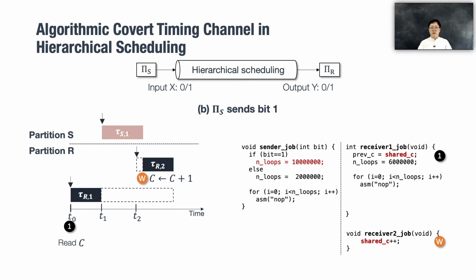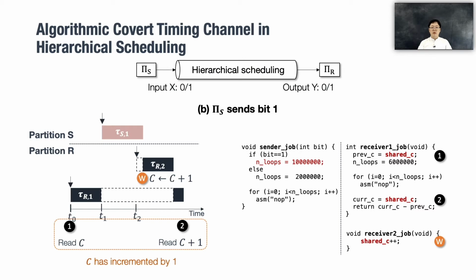Now, for the sender to signal bit 1, it executes longer, just long enough that R2 arrives before S1 finishes. And this time, when the receiver partition takes the CPU back, task R2 starts its execution because it has a higher priority than R1. So the counter is incremented as soon as task R2 executes.